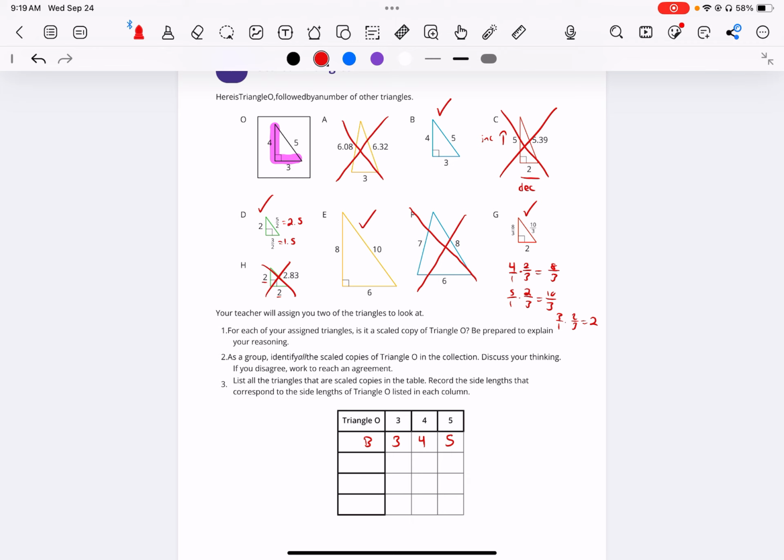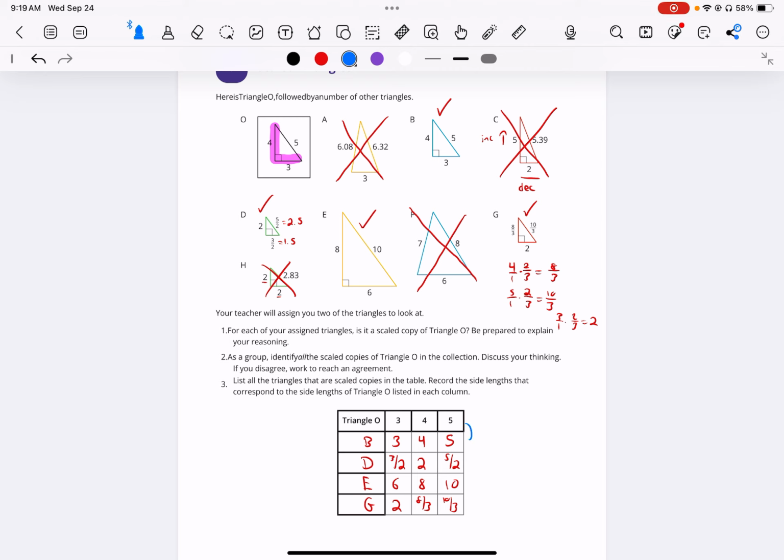The next triangle that was a scaled copy was triangle D, and those numbers were 3 over 2, 2, and 5 over 2. Then we have triangle E, which was 6, 8, and 10, and triangle G, which was 2, 8 over 3, and 10 over 3.